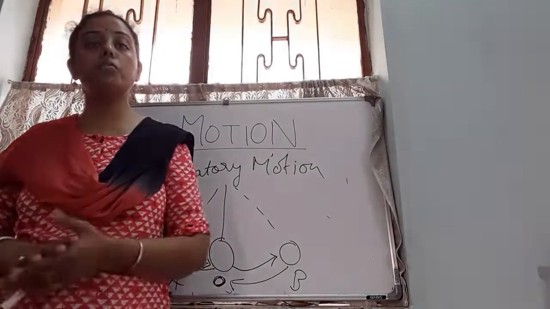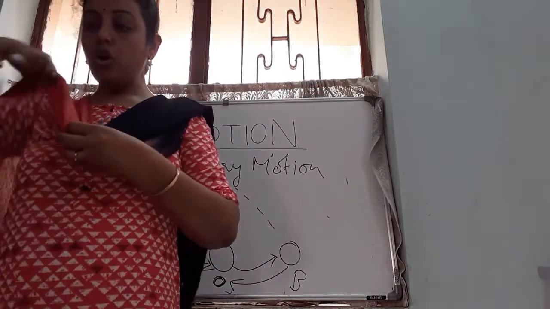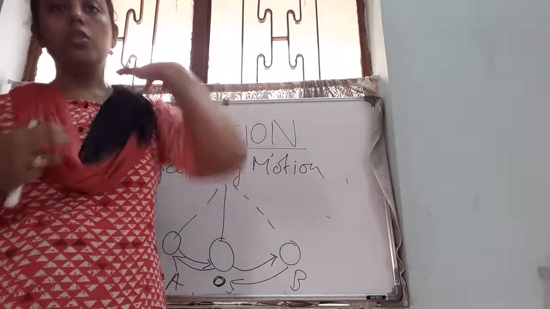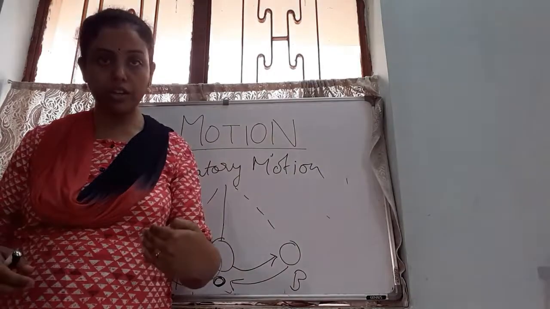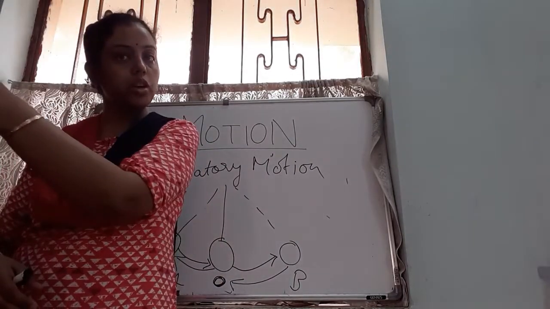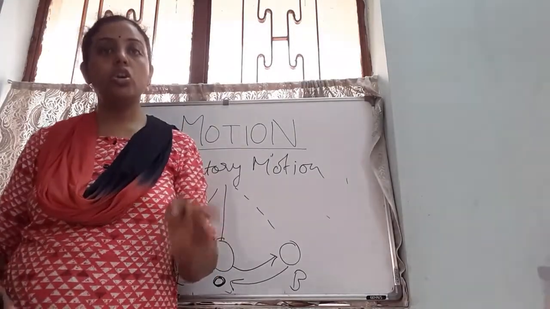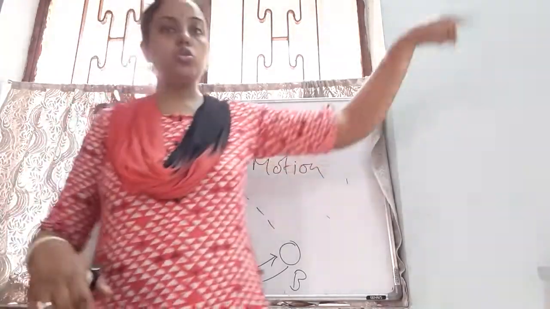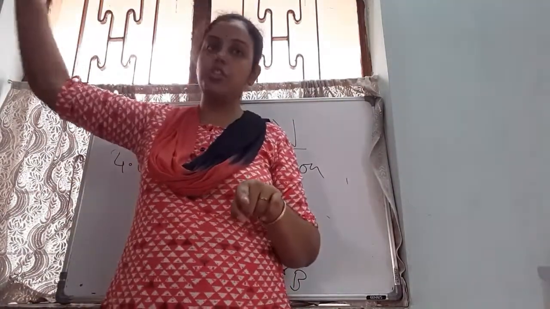This is the type of motion where the object shows to and fro motion, moving from one position to another, coming back to its previous position, and from that position again going to another position and coming back to position 1. So 1, 2, 2 to 1, again 1, 3, 3 to 1.